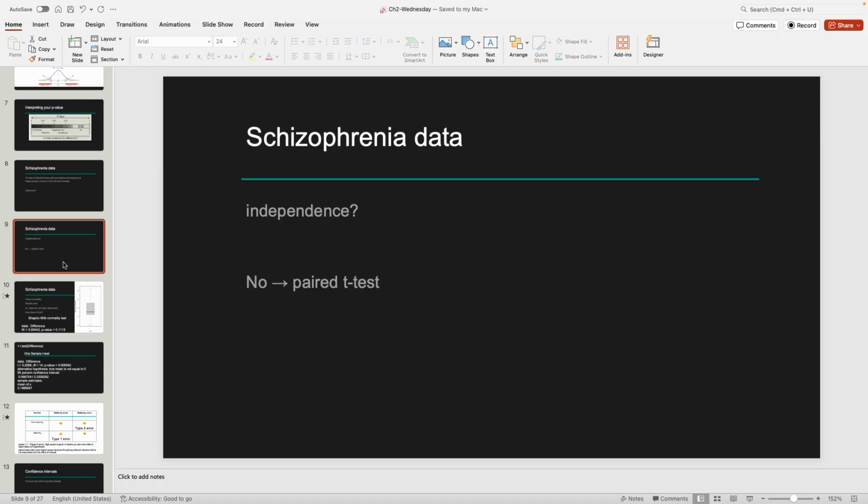So in order to eliminate this dependence, we have to do a paired t-test and take the difference family-wise, that is with the affected versus unaffected twin. And those difference data are now independent. The difference of me with my twin, if I had one, would be unlikely to affect the difference of someone else with their twin.